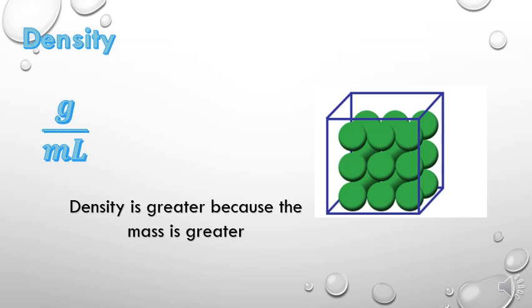Whenever this numerator is bigger than the denominator, the result is going to be greater than 1. And if the numerator is smaller than the denominator, then we're going to have less than 1. Because density is a ratio of how much stuff you have packed into a certain space.